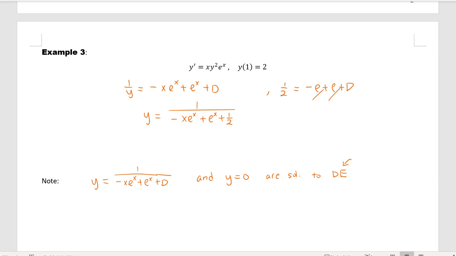And because the differential equation is nonlinear, that's why we have the general solution. But general solutions don't include all the solutions in this case. And we also have a singular solution.